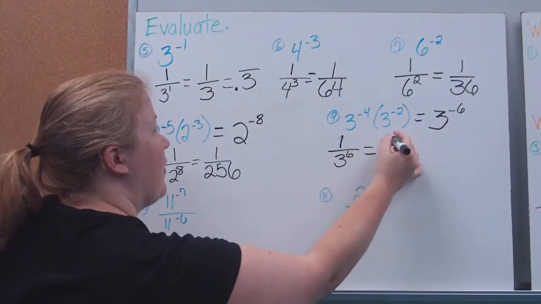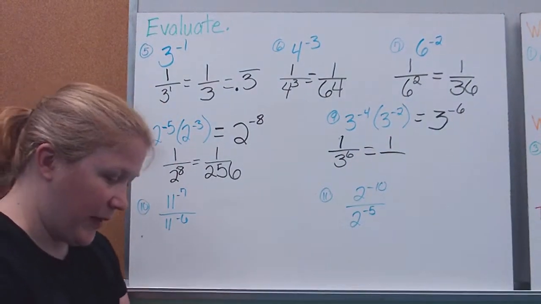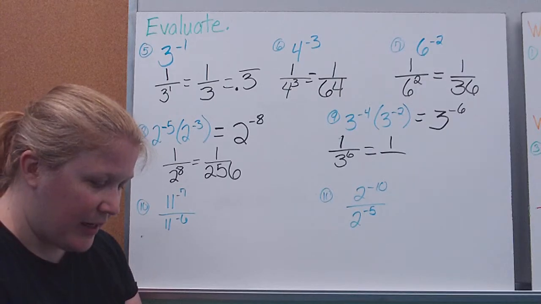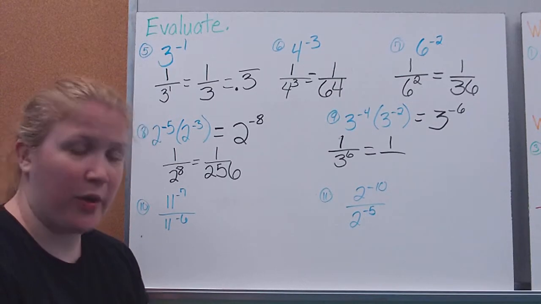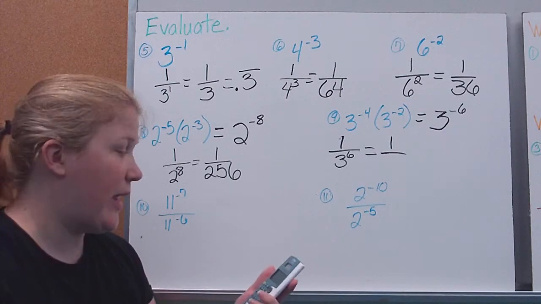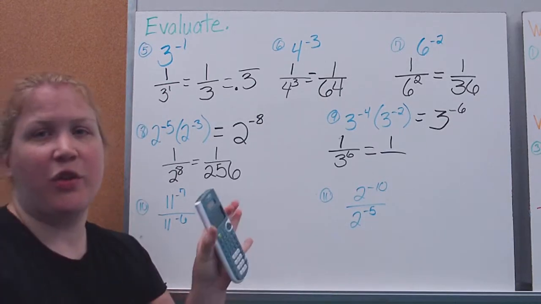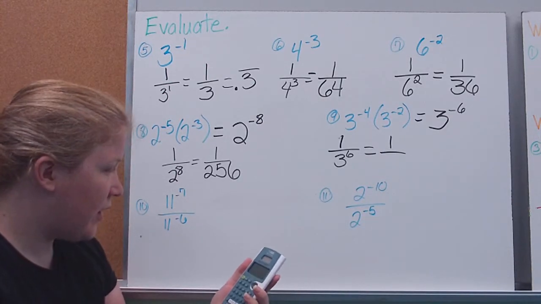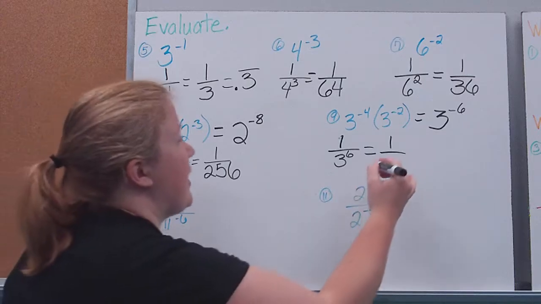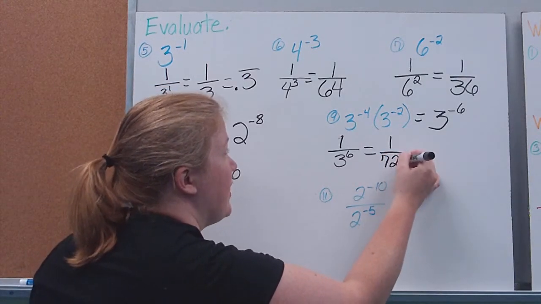Then we want to evaluate, and this is where I'm going to cheat and use my calculator. In another video, I'll give you a quick tutorial showing you how to use your calculator to evaluate different things and show you the different functions of your calculator. So 3 to the 6th is actually 729.